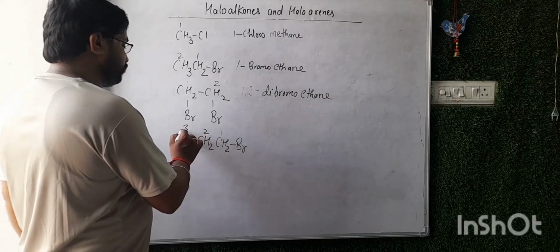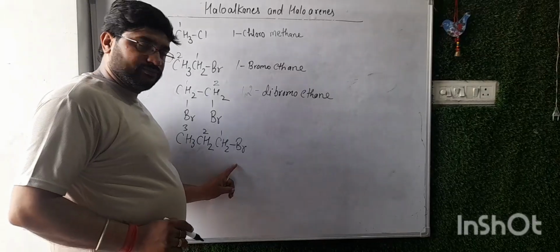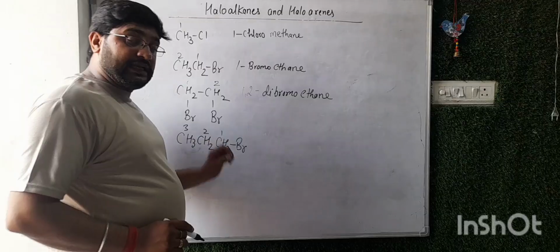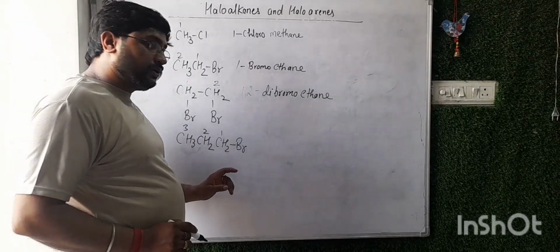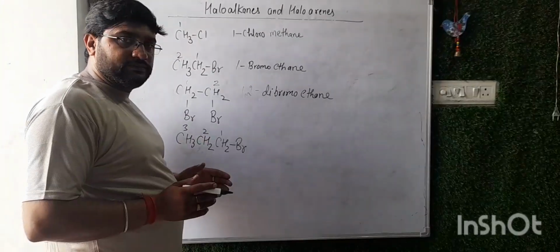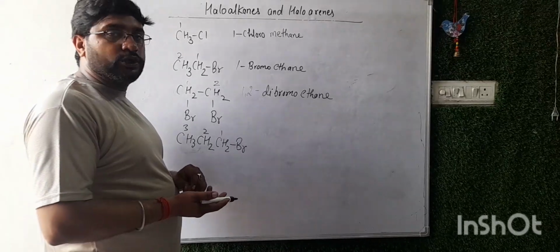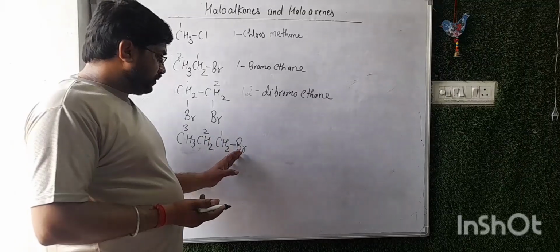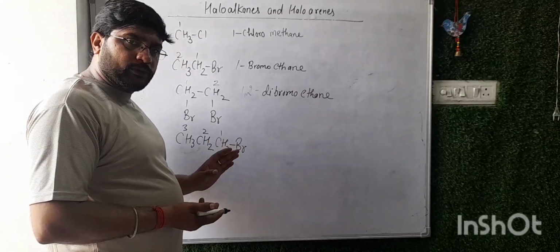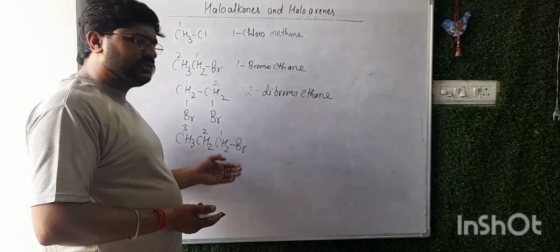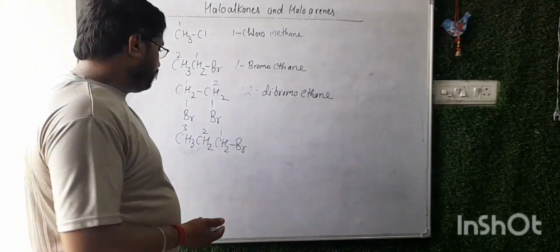First count the root word, and the numbering starts from the carbon that gives the lowest number. We give the lowest locant first to the functional group, and if the functional group is not present, we give the first number to the multiple bond, either double bond or triple bond. After that come the halogens and side chains. So this is our preference.